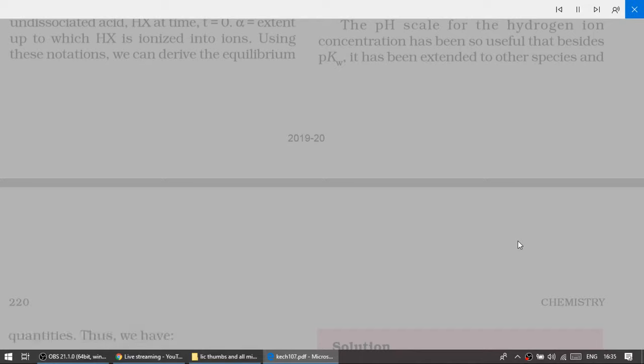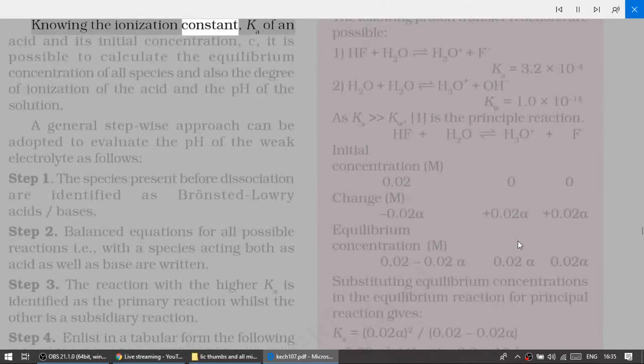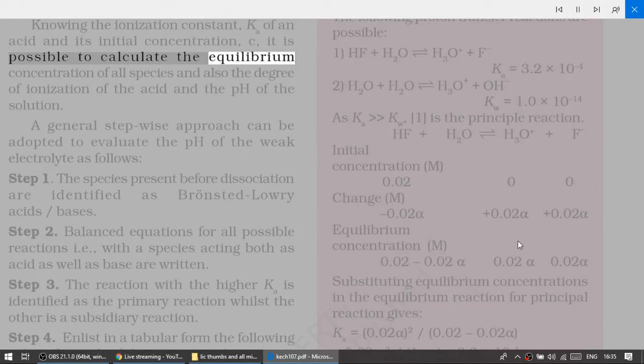Thus, we have pK = −log K (7.31). Knowing the ionization constant K of an acid and its initial concentration C, it is possible to calculate the equilibrium concentration of all species, the degree of ionization of the acid, and the pH of the solution.